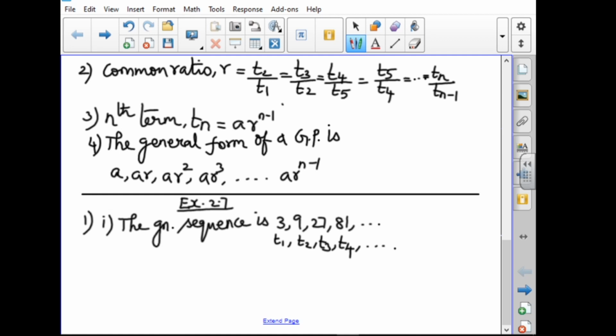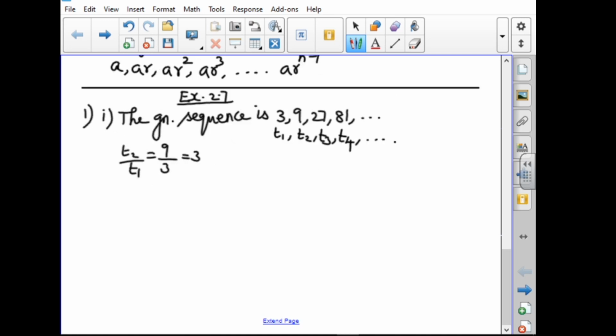So first we find T2 by T1. T2 is 9, 9 by 3, the answer will be 3. Next T3 by T2. T3 is 27, 27 by 9, the answer will be again 3. T4 by T3, 81 by 27, the answer is 3.